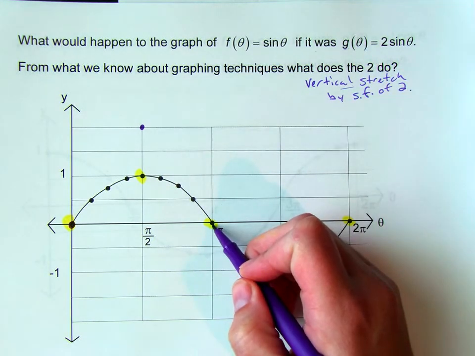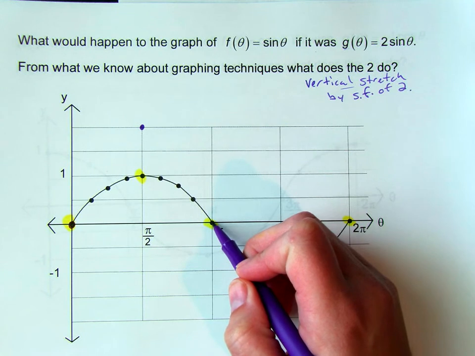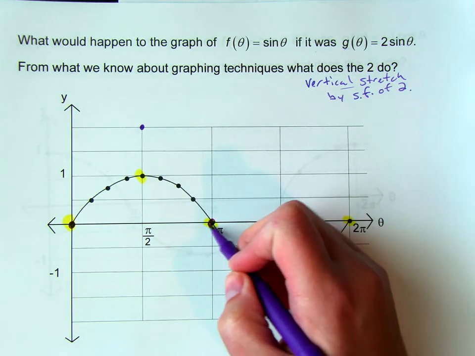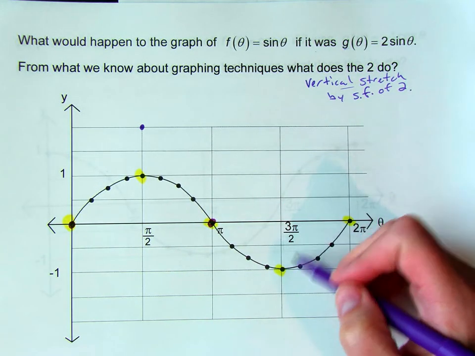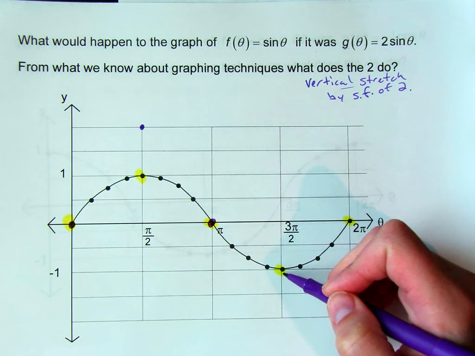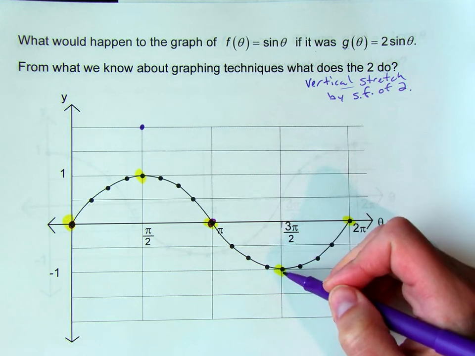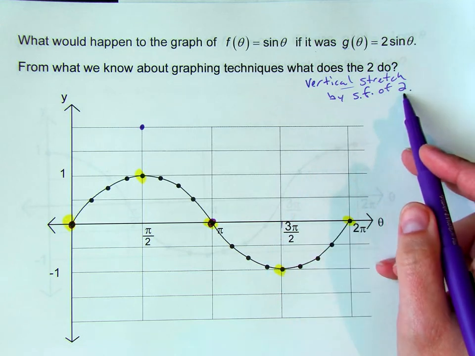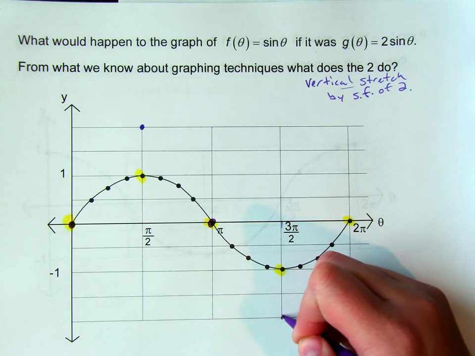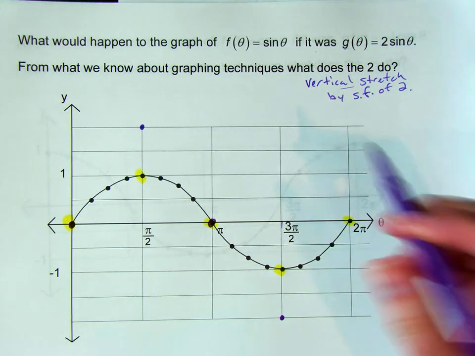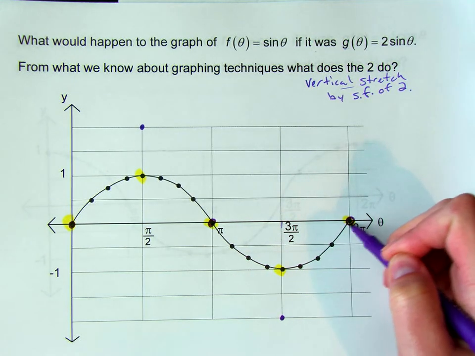Distance from our x-axis is 0. So 0 times 2 is 0. So that point does not move. 3 pi over 2, -1. Vertical distance is -1 currently. Multiply by our scale factor of 2, we get -2. And again, 0 is not going to move.